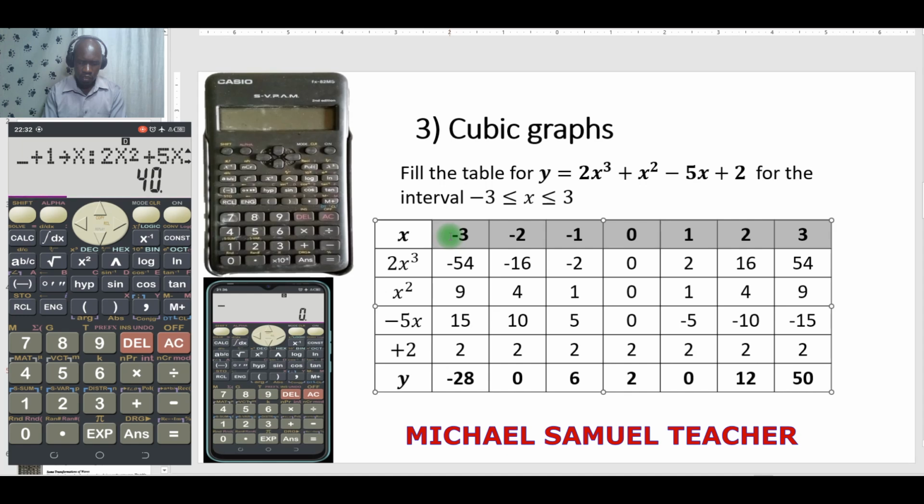So on the calculator, let us press the AC button to clear everything. So we start from minus 5, then shift, recall, close the bracket, then alpha, then close the bracket.